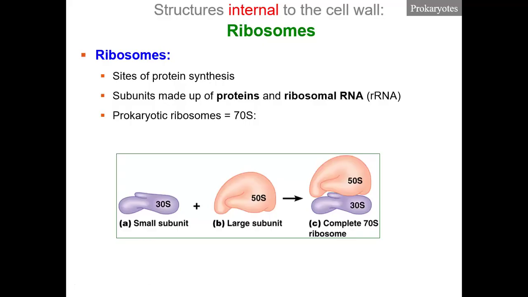And that's how biochemists and molecular biologists measure the size of ribosomes. They centrifuge it in an ultracentrifuge gradient. And that's what the S stands for. Ribosomes are made up of ribosomal protein and ribosomal RNA, also called rRNA.